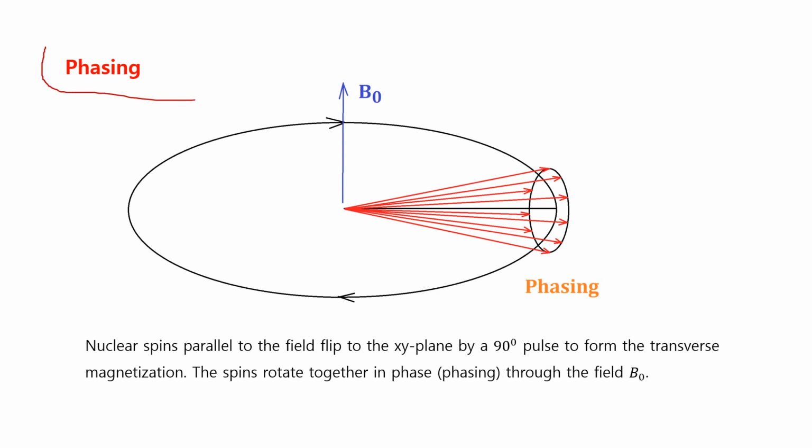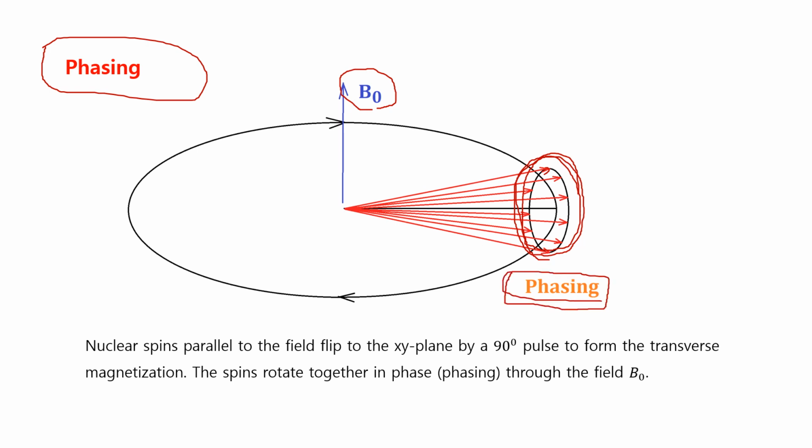We already mentioned phasing. Every single nuclear spin precesses around the B0 field, and these nuclear spins move together around the B0 field. This is called phasing. So they move together; we say they are in phase.